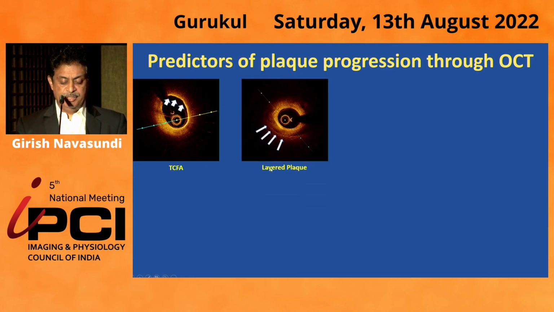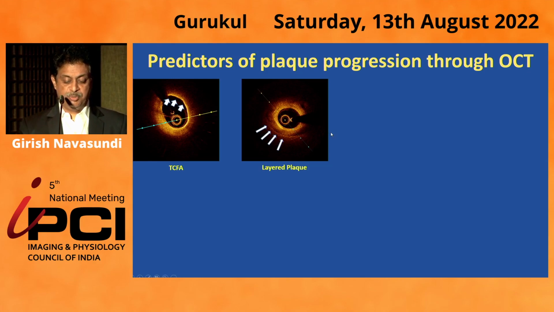Next is the layered plaque. You can see here in these arrows is the previous external elastic lamina, and then there is some plaque and there is another plaque here. How do you know? The light reflecting characteristics are going to be different. Compare the first one here to here. There are two different layers of different light reflection.